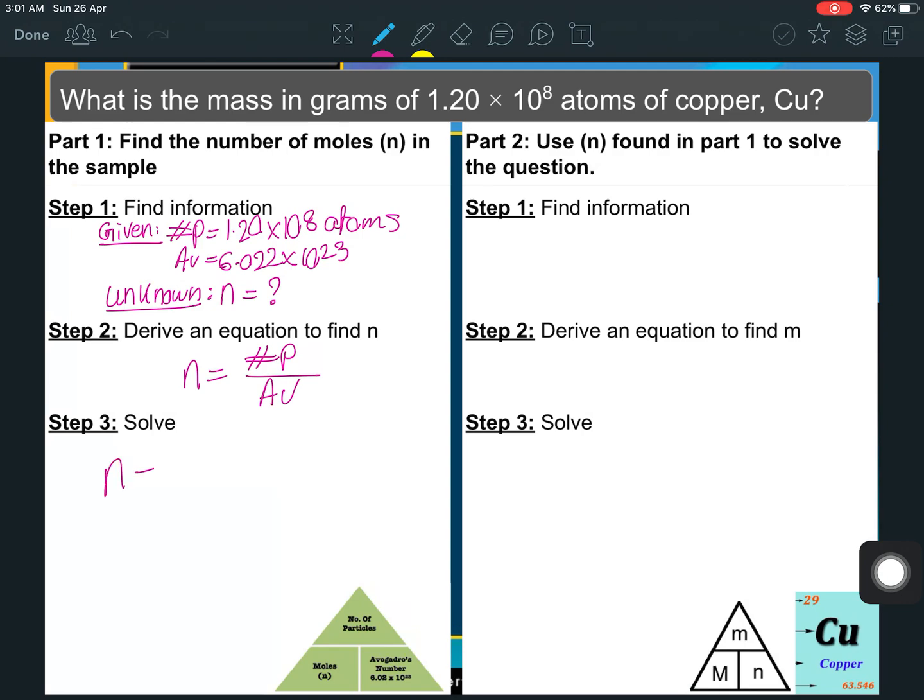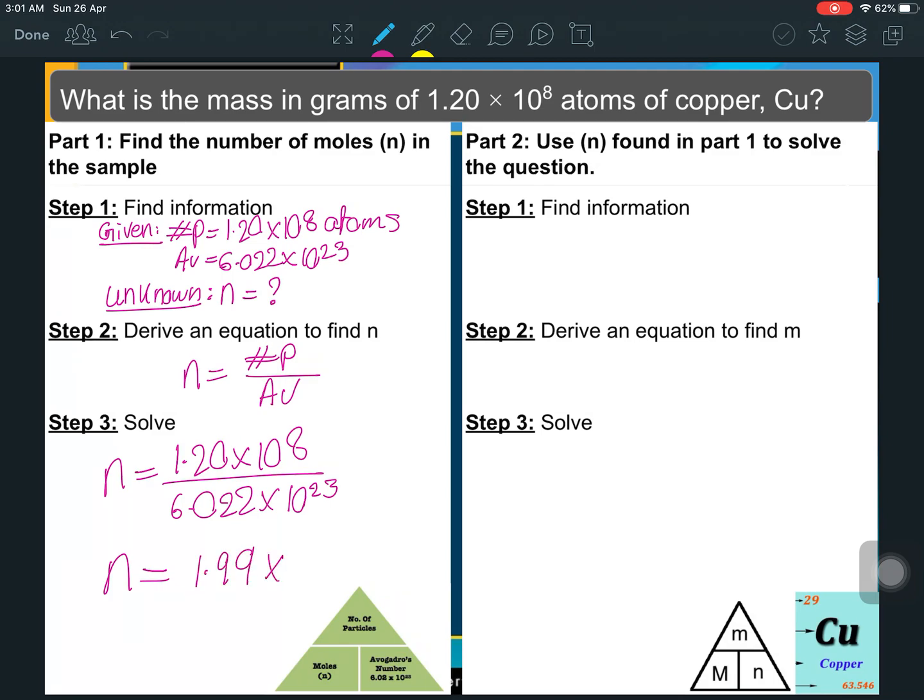All right? So N is equal to 1.20 times 10 to the power 8 divided by 6.022 times 10 to the power 23. So N is equal to, you can use your calculator here, 1.99 times 10 to the power negative 16 moles.